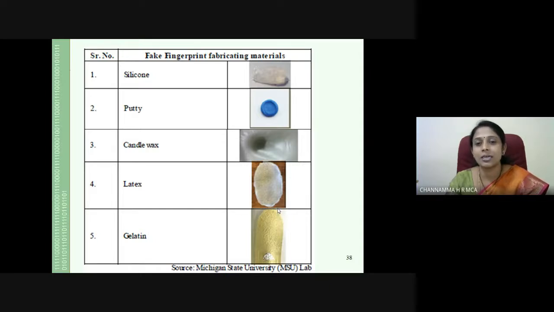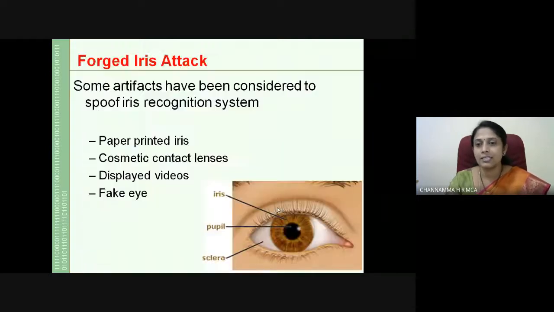It is not completely a standard one. Liveness detection will identify it, but parallelly fake biometrics and liveness detection are both progressing, and nothing has been achieved completely.